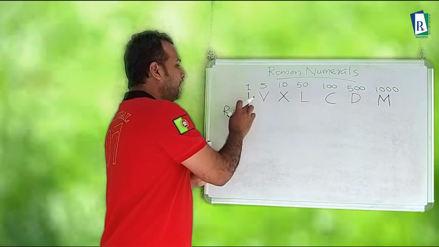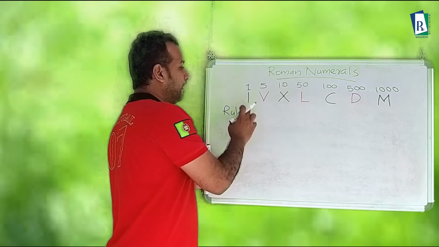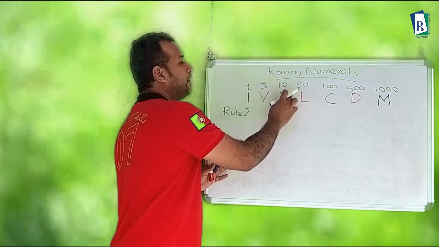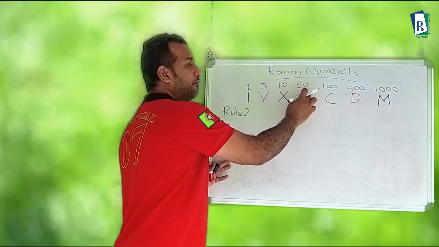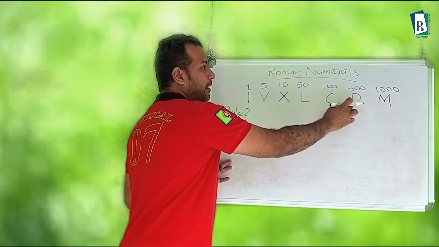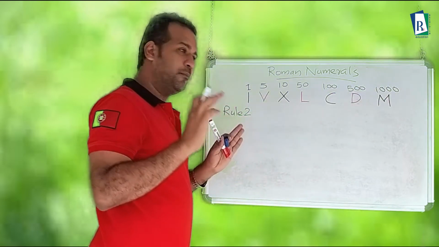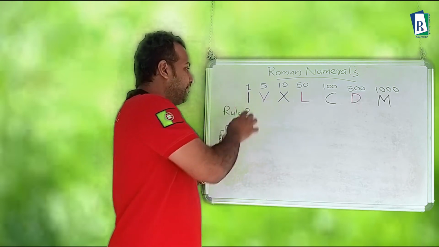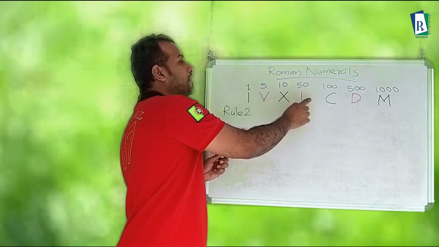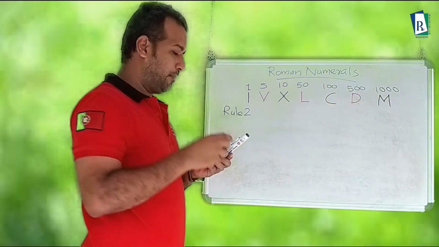See, this one, if you are writing it on the right side of any other number, that means right side of 5, right side of 10, right side of 50, right side of 100, right side of 500 or right side of 1000, same rule, we can write maximum 3 times.